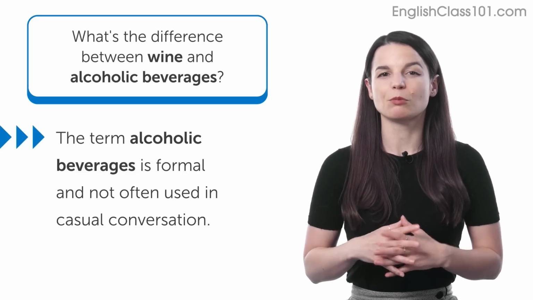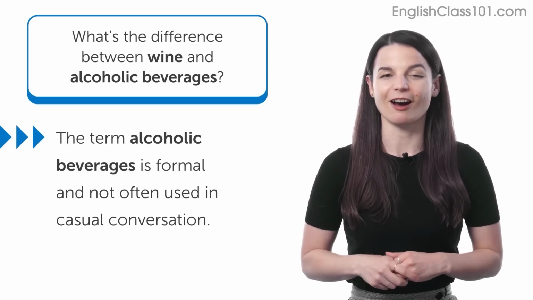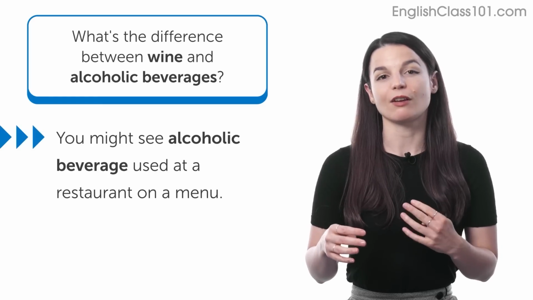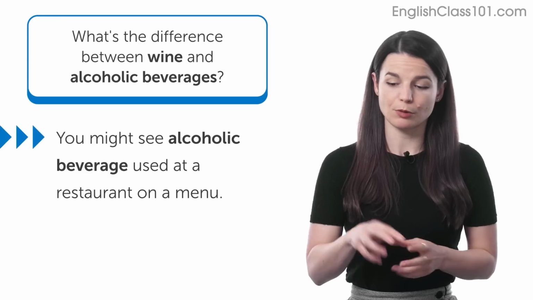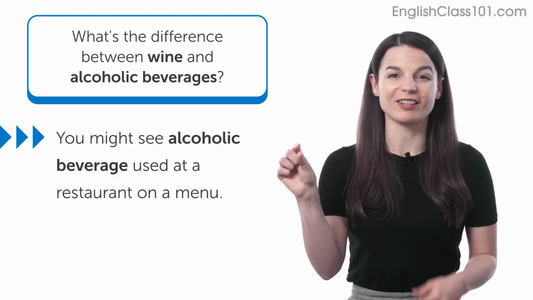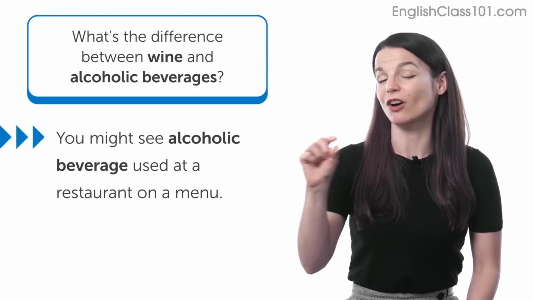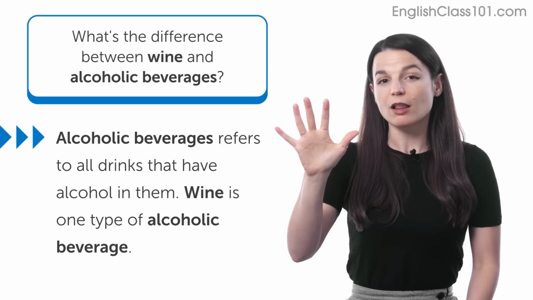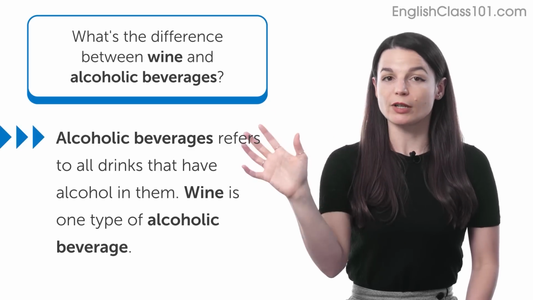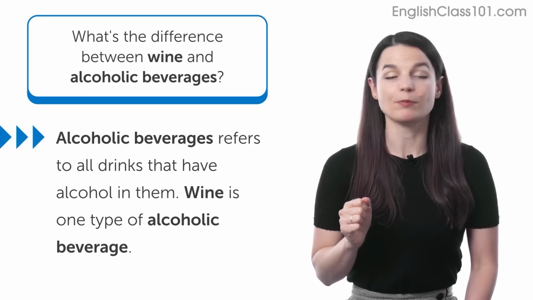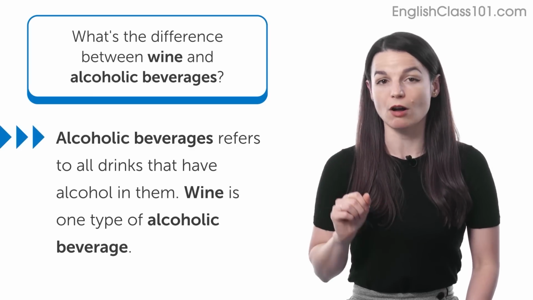So we don't really use the word alcoholic beverages in everyday conversation, but you might see it if you are at a restaurant, for example. There might be a category on the menu that says alcoholic beverages or alcoholic drinks. So alcoholic beverages refers to all drinks that have alcohol in them. Wine is an example of an alcoholic beverage.